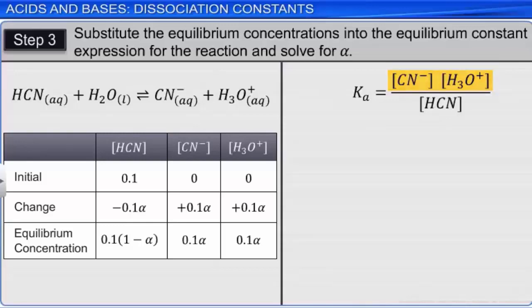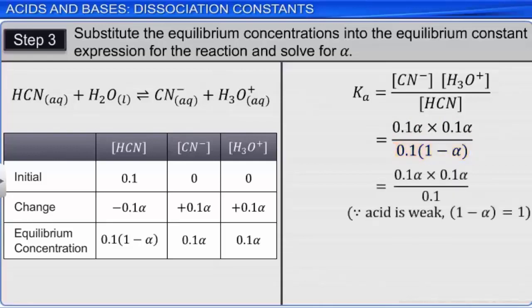On substituting the equilibrium concentrations, we get 0.1 alpha multiplied by 0.1 alpha divided by 0.1 multiplied by 1 minus alpha. As hydrocyanic acid is a weak acid, it undergoes dissociation to a very little extent, and hence the value of alpha is very small. Thus, 1 minus alpha can be taken as 1. Thus, Ka becomes equal to 0.1 alpha squared.